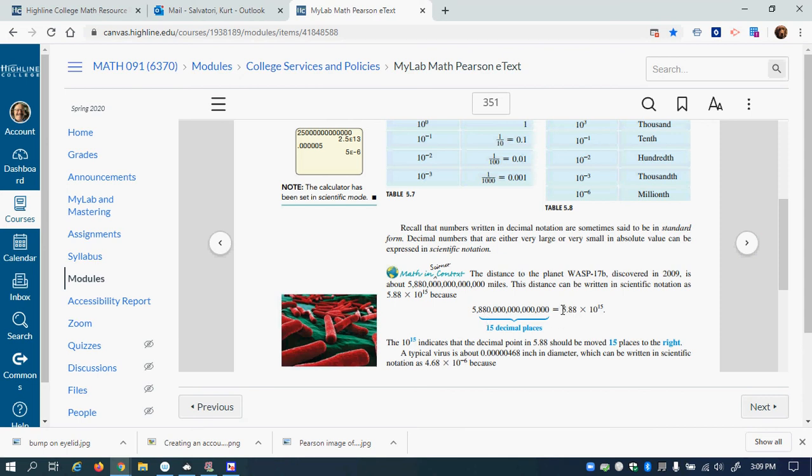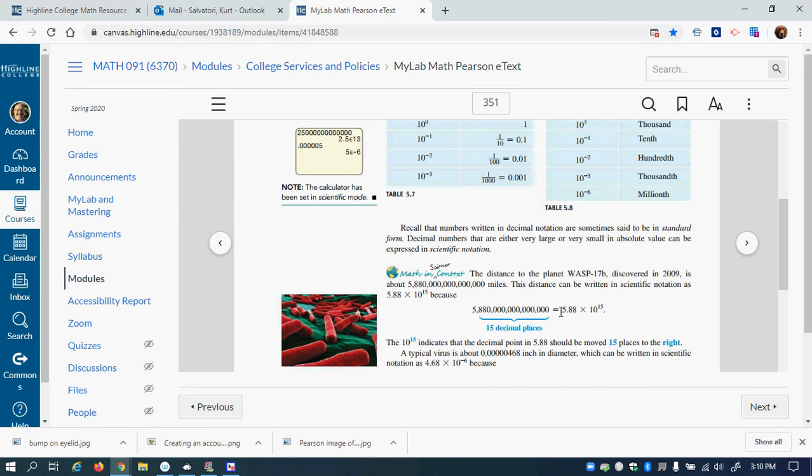So that makes it 5.88 times 10 to the 15th. If you count, you start at the decimal, where the decimal would be sitting, and you move it: here's 3, here's 6, here's 9, here's 12, there's another 3, that makes 15. So it's moving by 3's.